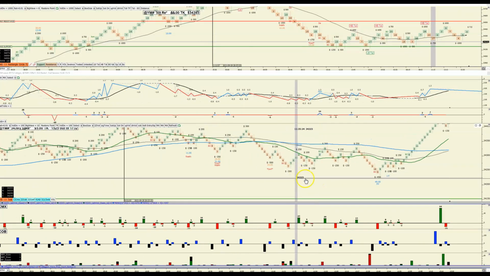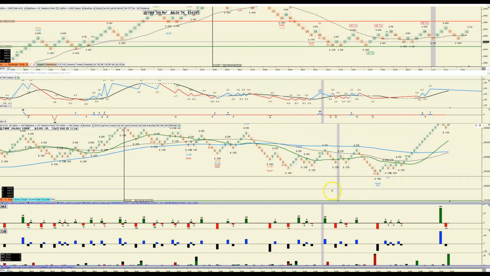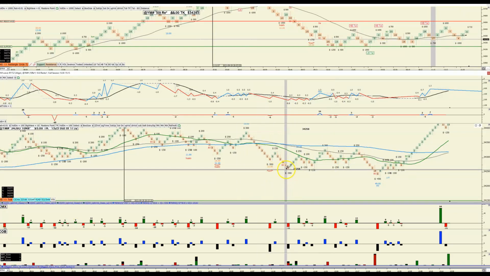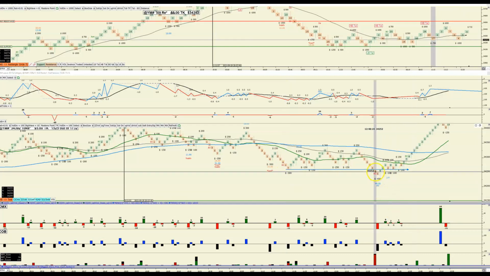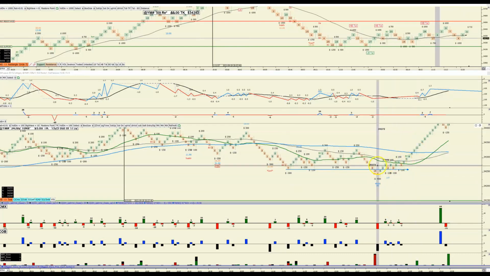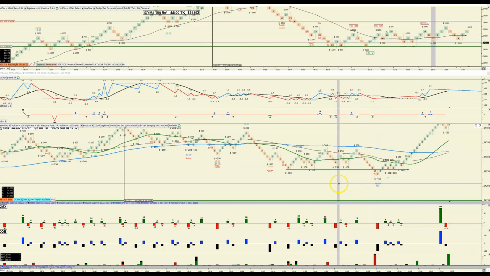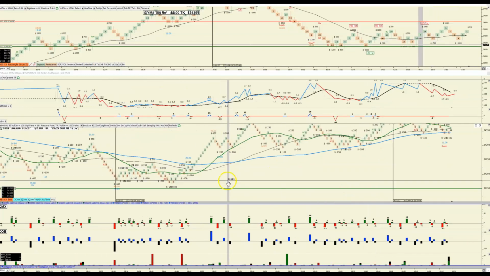Now you're going to notice again, demand was in this area, but take a look at what the market did. Right across this area, ding ding, and reverse. What is this? It's a spring. Okay, now go back here.